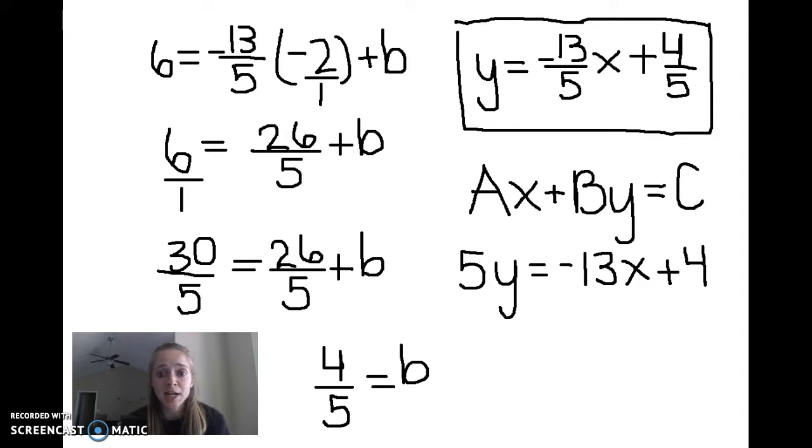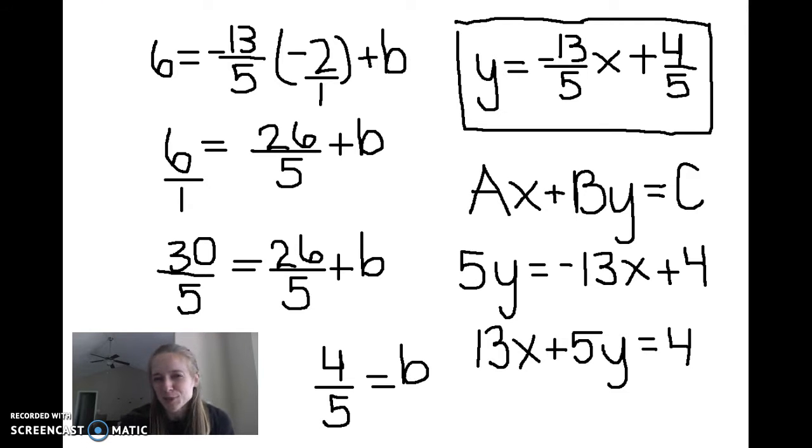If I do that, I have 5y equals -13x plus 4. Now the problem is that I need my x term and my y term to be on the same side. So I'm just going to add 13x to both sides. I really should have said added 13x rather than -13x, but if I do that, I end up with 13x plus 5y equals 4.